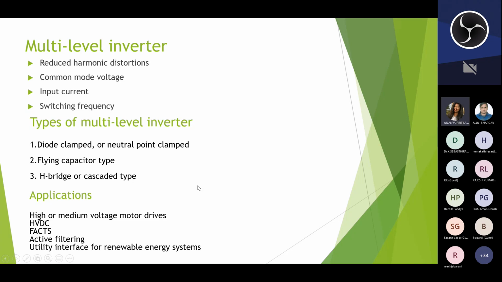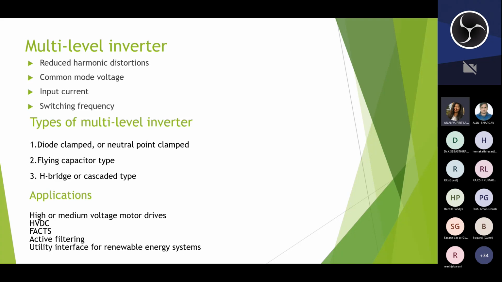No doubt it has various applications like high to medium voltage motor drives, high voltage DC, and FACTS devices. Also, with that, our filtering will be easy, so the cost will also be reduced.